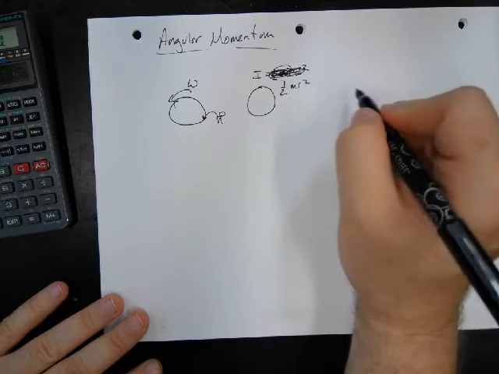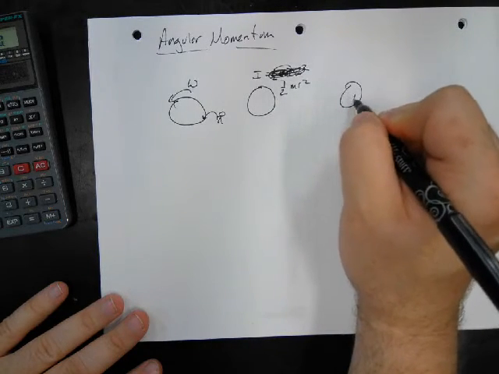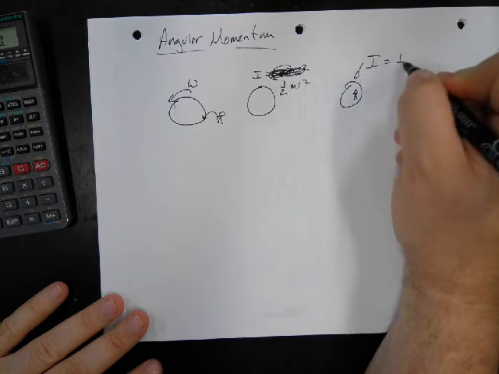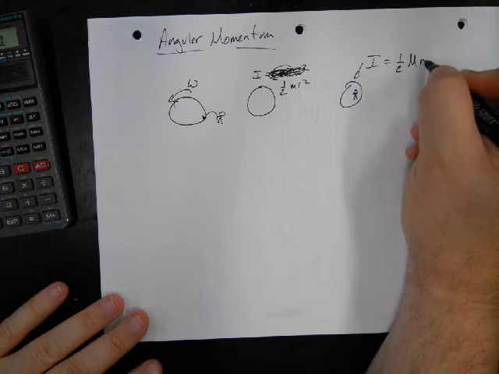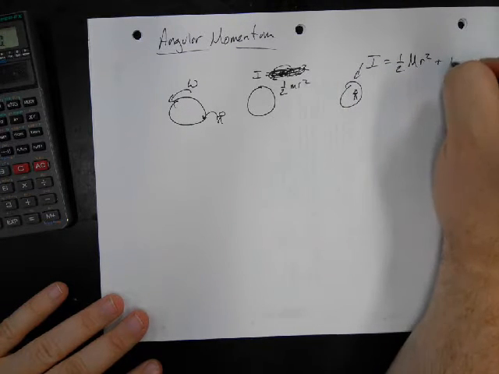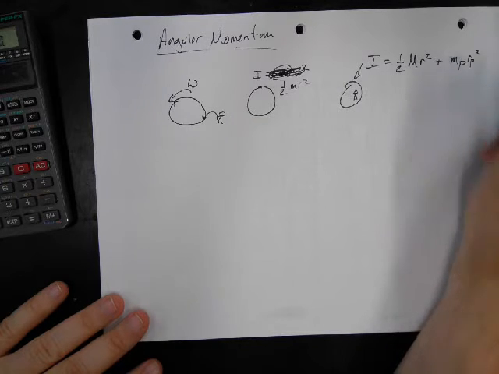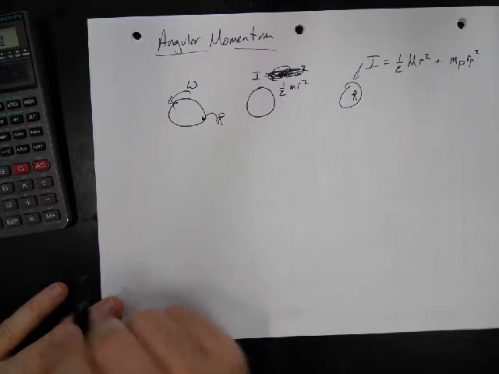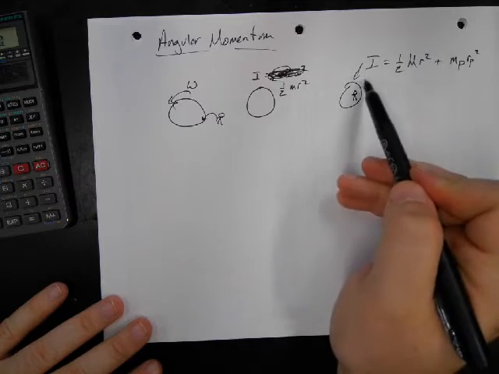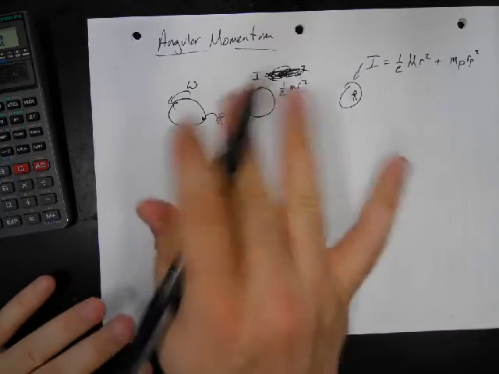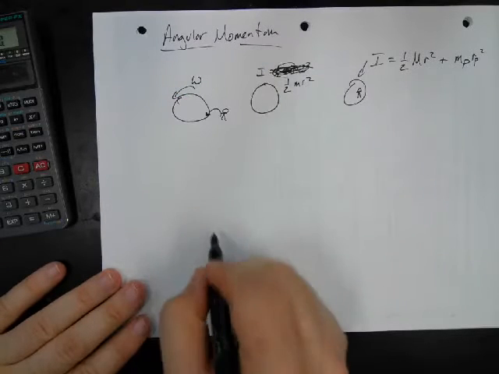And then it goes to a circular disk with someone on it. And that is I is 1/2 mass times the radius squared plus the mass of the person times their radius squared. It changes the moment of inertia. Anytime there's a change in the moment of inertia, there's a change in the momentum. So let me go ahead and define the momentum here.